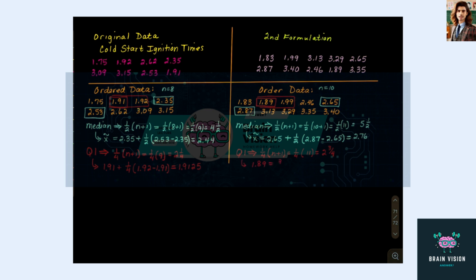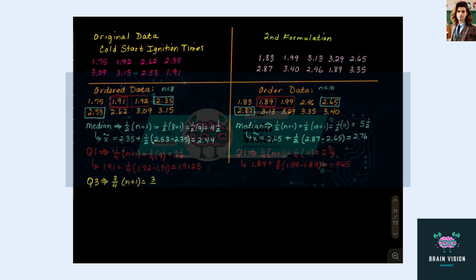We want to go plus 3/4 of the difference. So Q1 will take on the value of 1.965.